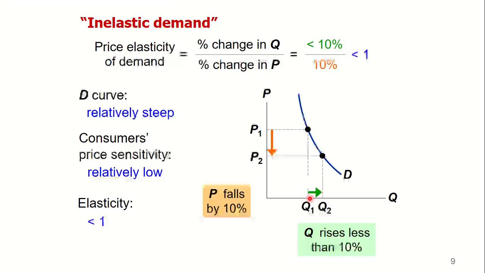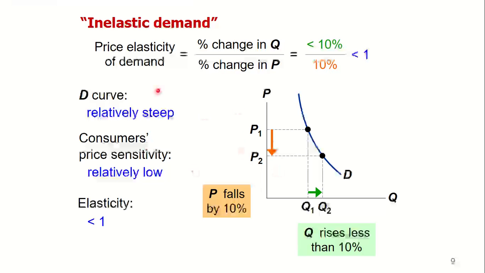This one here, there is a small change as compared to the change in price. So the elasticity is less than 1. So if you have the elasticity less than 1, you can say it is inelastic demand.